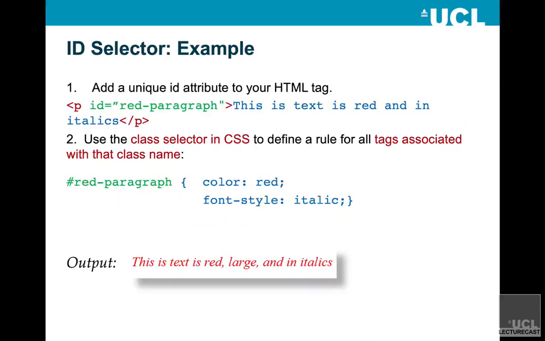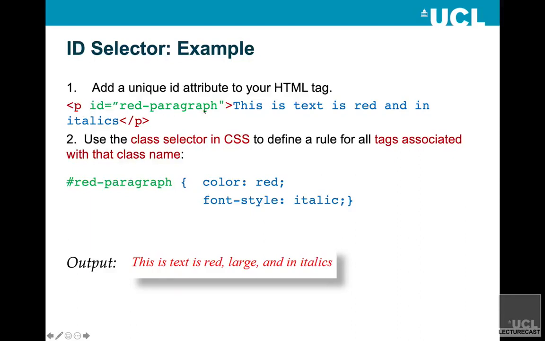So let's have a look at this example where we're using an ID selector. IDs, similar to classes, will have to be specified within the HTML, and to do this we're using the ID attribute. The ID attribute can be applied to any HTML element.